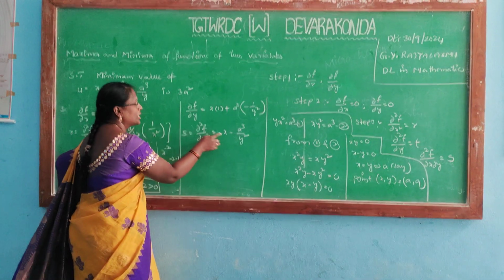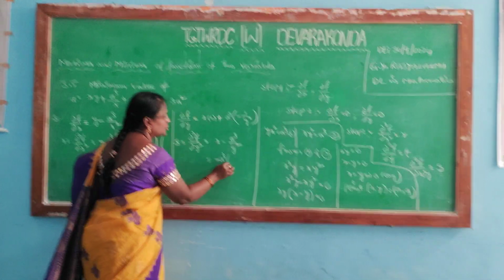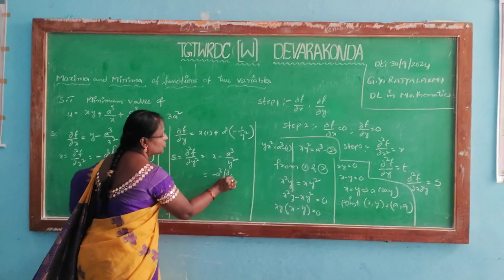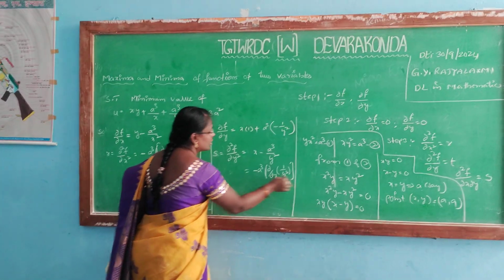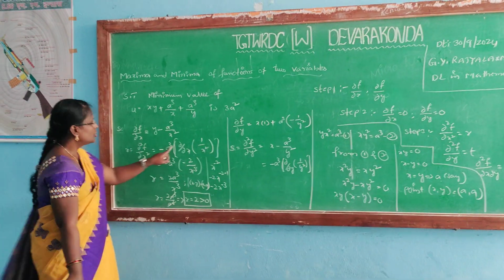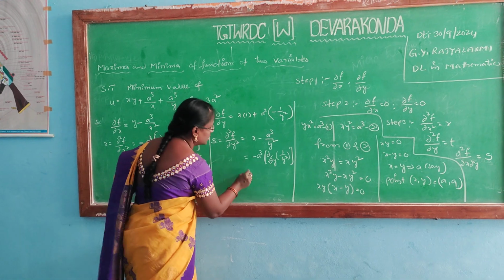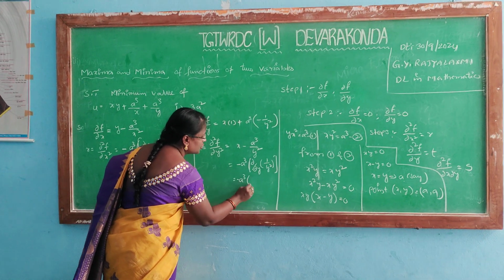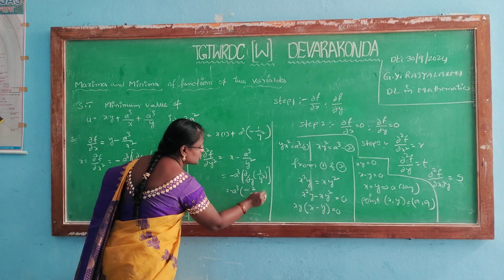With respect to y, the first term is 0, then minus a³ into ∂/∂y of 1/y², which is minus 2 by y³.